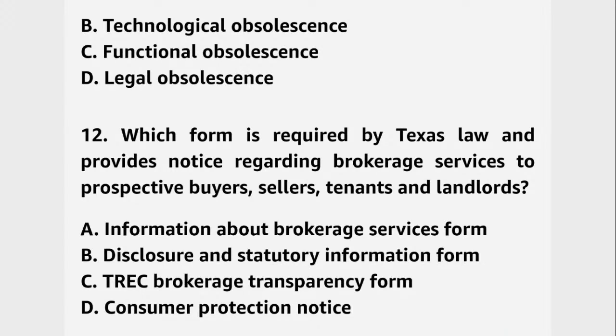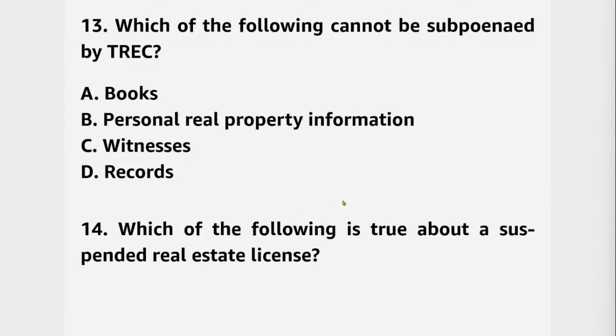B, disclosure and statutory information form. C, TREC brokerage transparency form. Or D, consumer protection form. Yes, very good. It is information about brokerage services, which is called IABS. Know that acronym. IABS. So we started with 11, so we'll stop at 26.